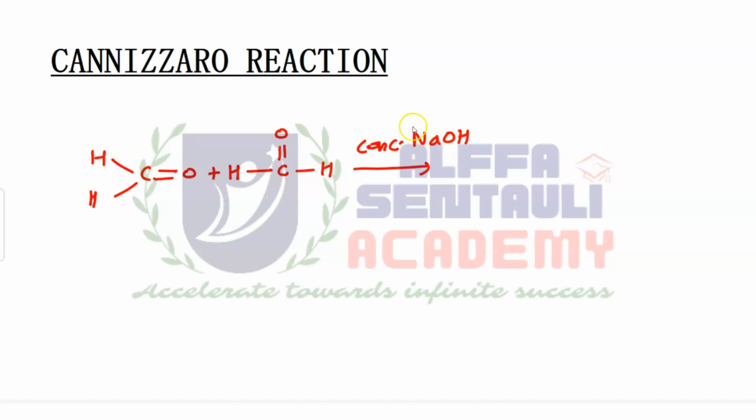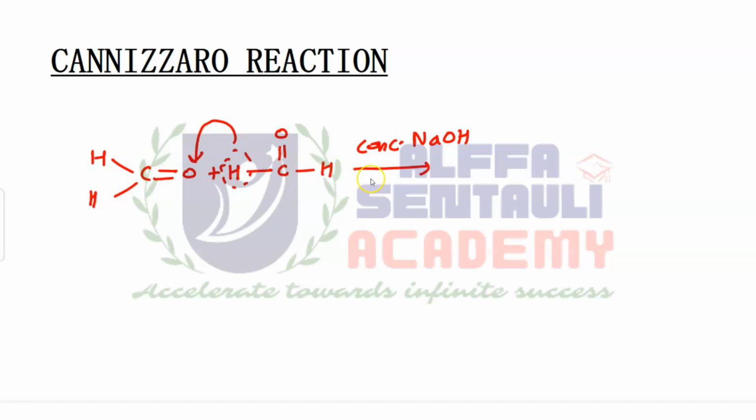So what will happen? Again, this hydrogen atom will combine with this one. But now what will happen? Any idea what will happen? Okay, so there are two compounds. Unlike this, what has happened when we are using concentrated NaOH solution?